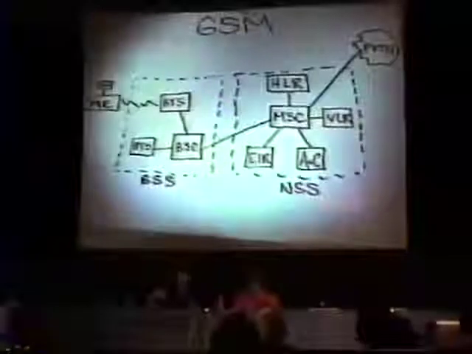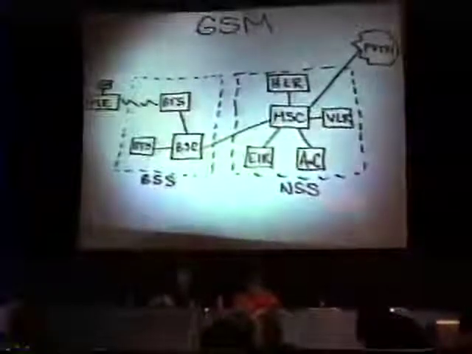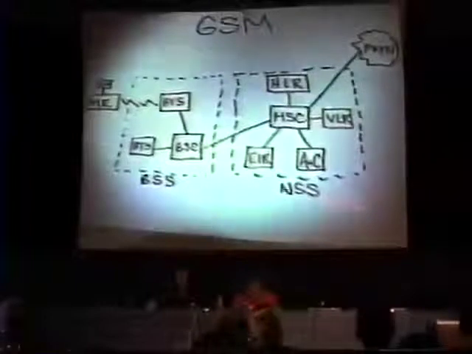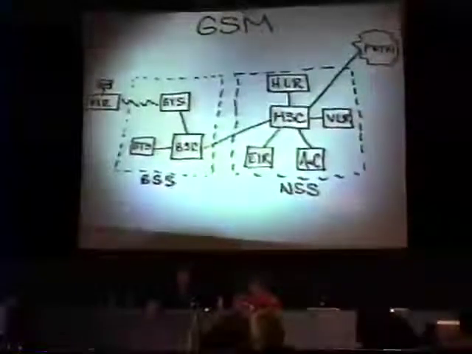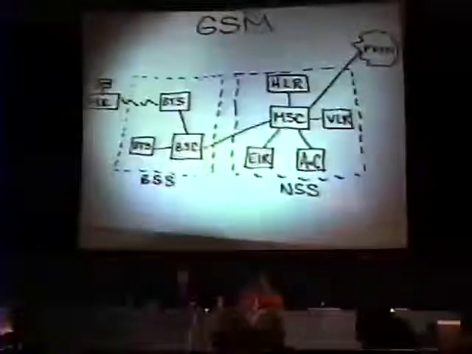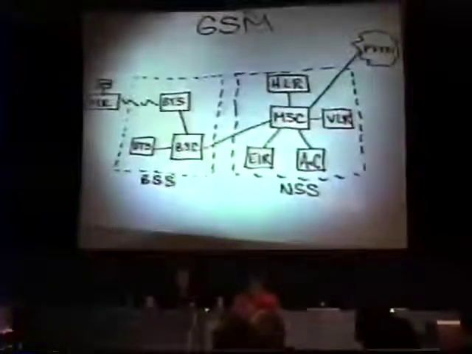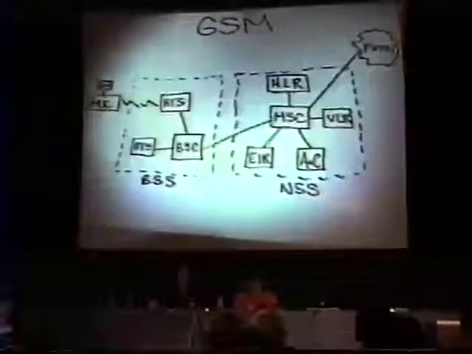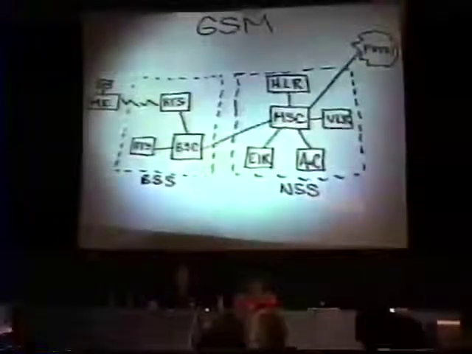The way it all ties together is that the MSC, the Mobile Switching Center, accesses two really important databases. The first is the HLR, the Home Location Register. The HLR is more or less a switch in its own right.